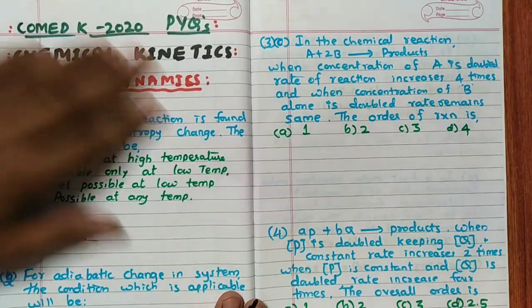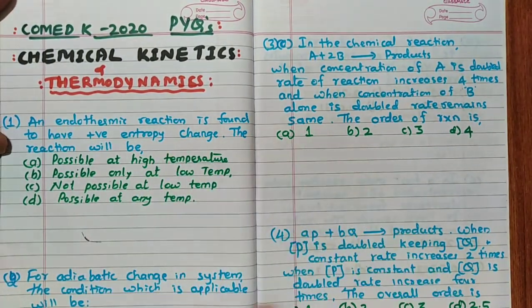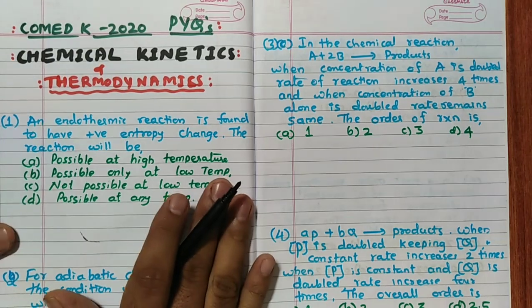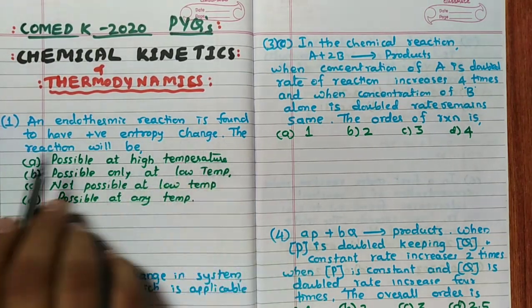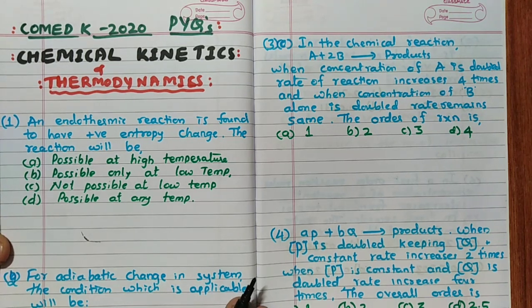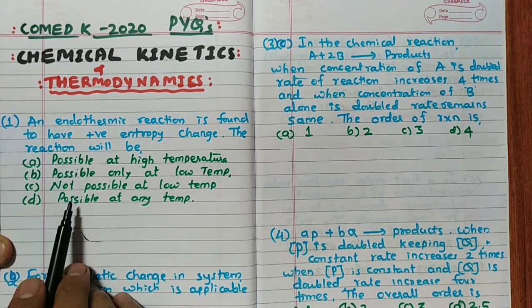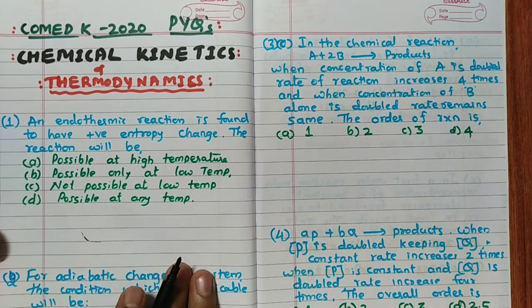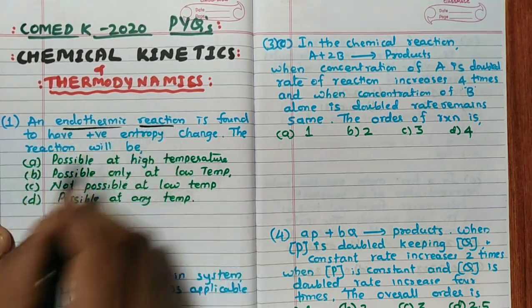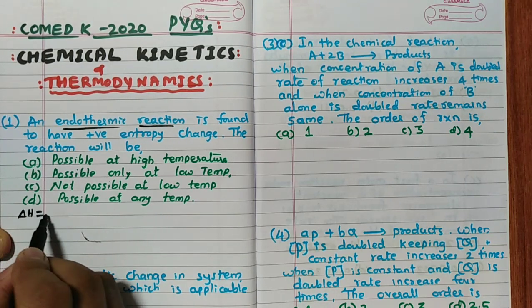Now, I have taken some important ComEdK 2020 questions. An endothermic reaction is found to have positive entropy change. The reaction will be possible, not possible, spontaneous, or non-spontaneous? Endothermic reaction means what is the delta H value?